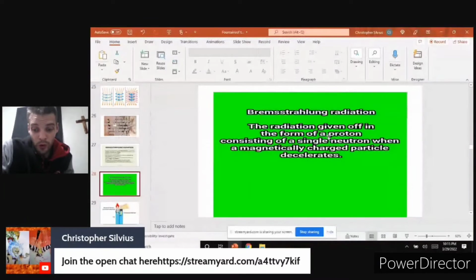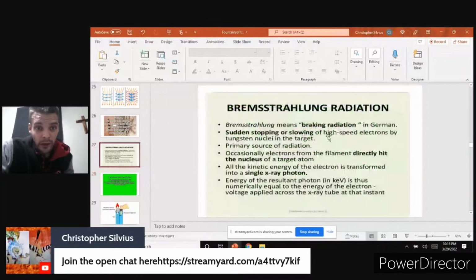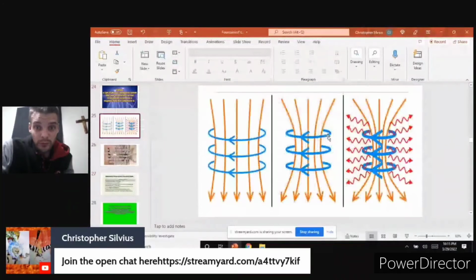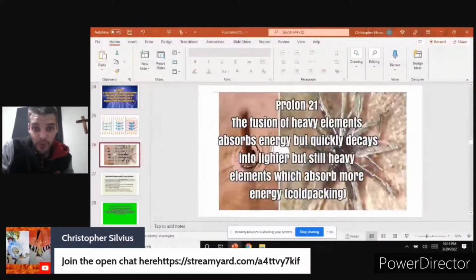They fuse into the water and create deuterium, and when you fuse lighter elements together, it actually absorbs energy. The fusion of 2 light elements into a heavier element actually absorbs energy, but quickly decays into lighter but still heavy elements, which absorb more energy.